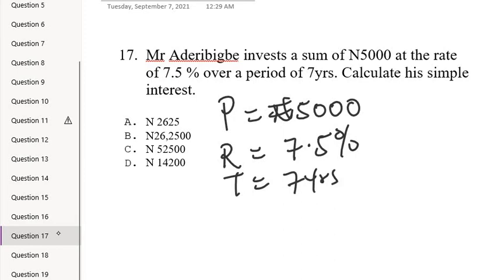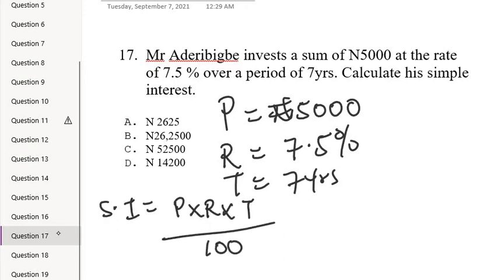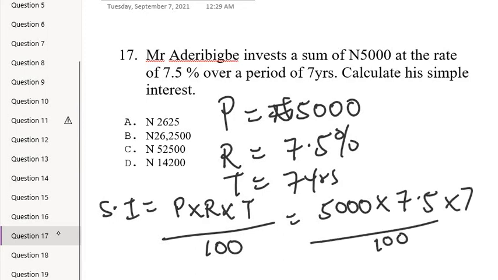Calculate the simple interest. Simple interest is principal times rate times time over 100. So simple interest will be 5,000, the principal, times the rate, which is 7.5, times time, which is 7, divided by 100. 20 here cancels 20.